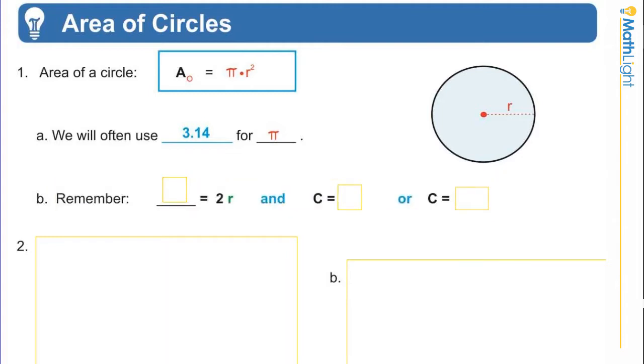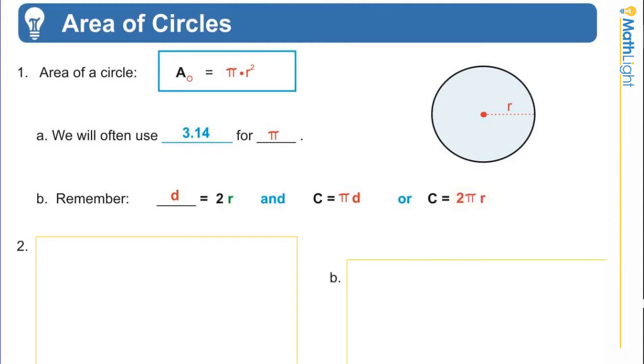Don't forget about circumference as well. Sometimes they're going to give you the circumference instead of the radius, or sometimes they'll give you the diameter instead of the radius, and we have to remember the relationship. The diameter is twice the radius. And the circumference could be pi times the diameter, or what's the other formula? 2 pi r.